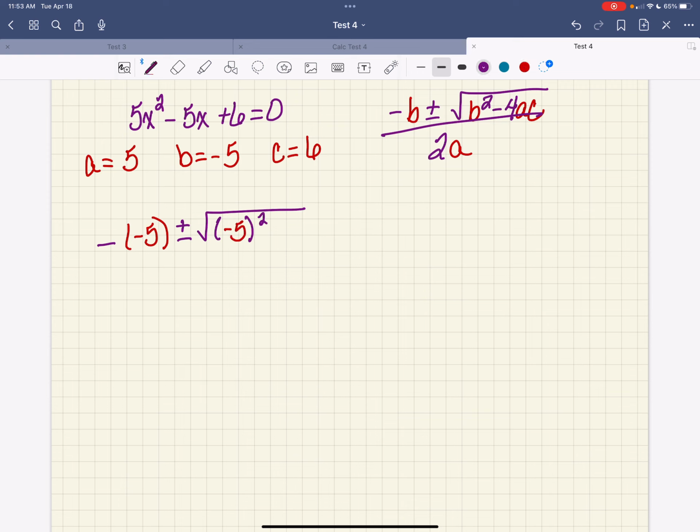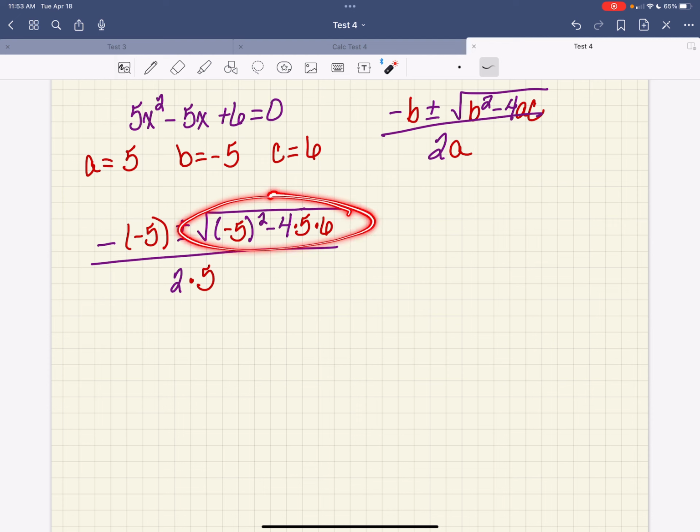And when I square a negative number, what do I get? Good. Minus 4 times a times c, which is 5 and 6. And all of this is going to be over 2 times a. Okay, we're going to focus right here. That's where we get started.